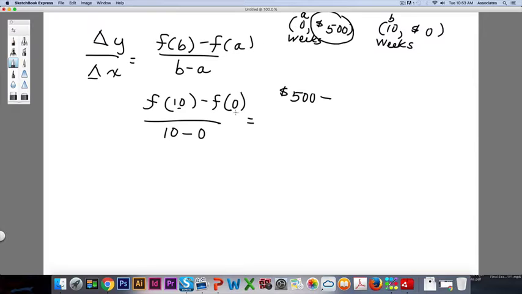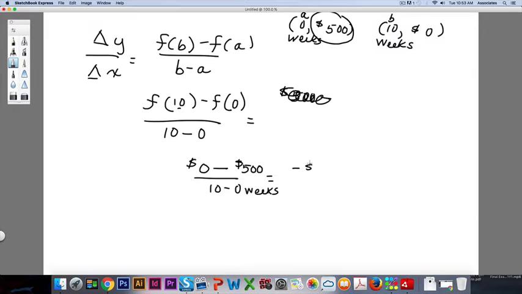Oops, I think I did that backwards, didn't I? Yes, I did. Let me erase that. So the function at 10 is here. That's $0. After 10 weeks, he owes his parents $0. The function at 0 was he owed his parents $500 over 10 minus 0. Signs in these are very important, and remember these are weeks.